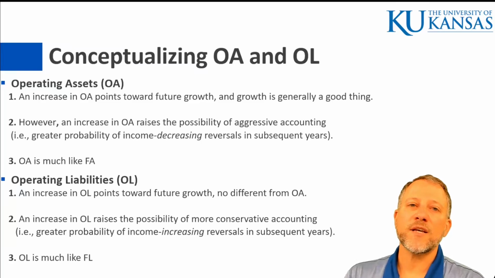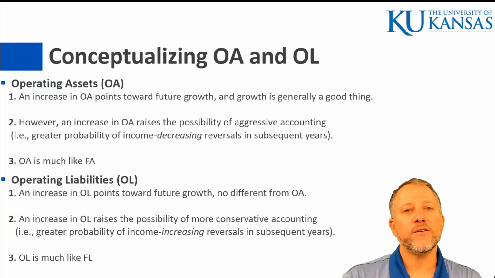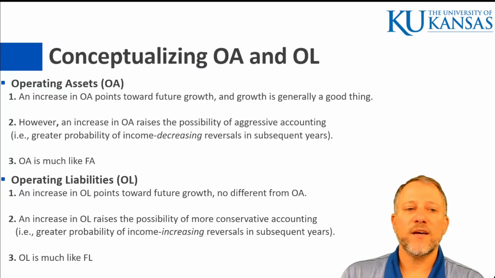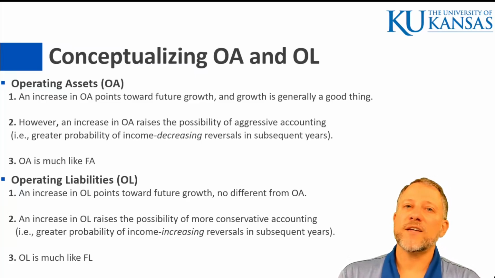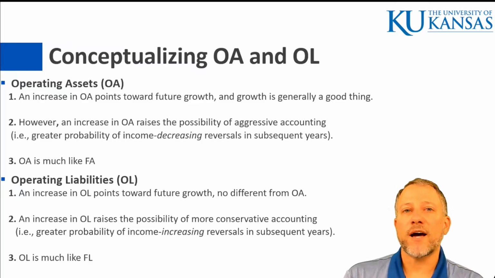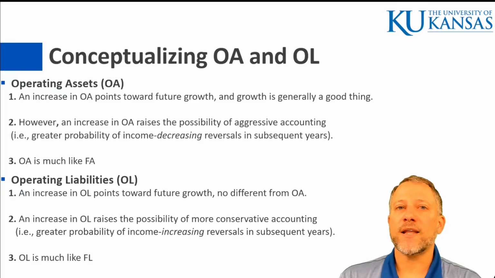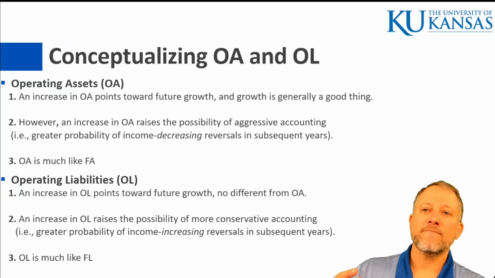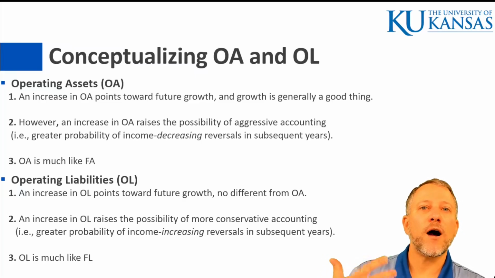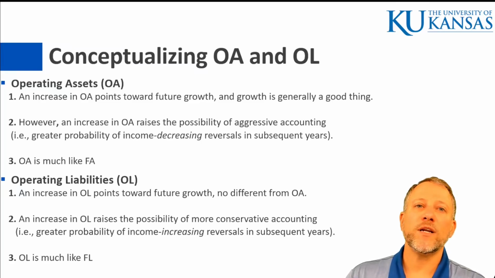The third concept that we want to think about in terms of our operating assets and liabilities is that in some ways they're just like financial assets. A financial asset is something like cash or a bank loan. And so for both assets and liabilities, we can also set aside their implications for our operations and just think of them from a liquidity perspective.